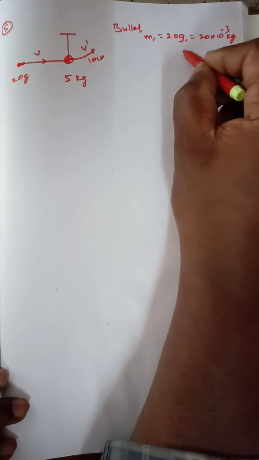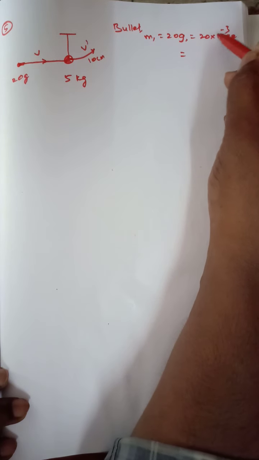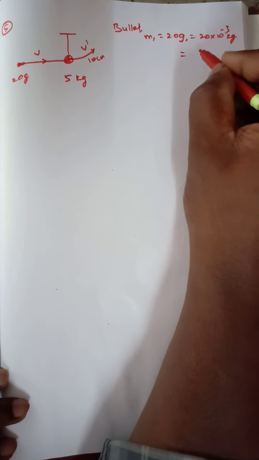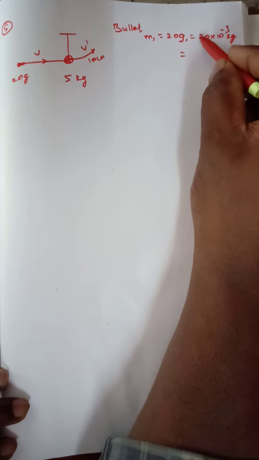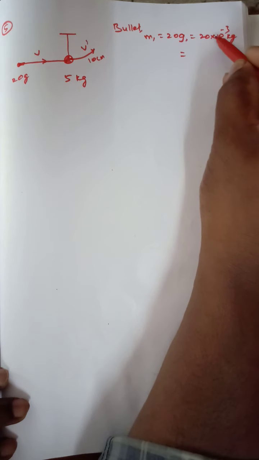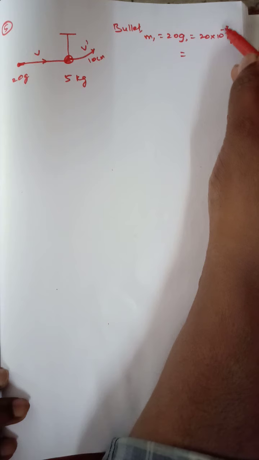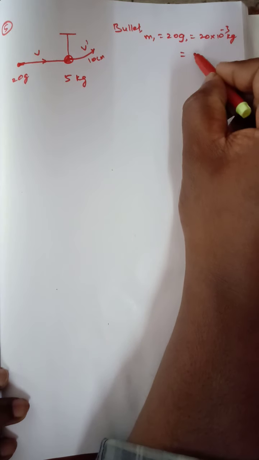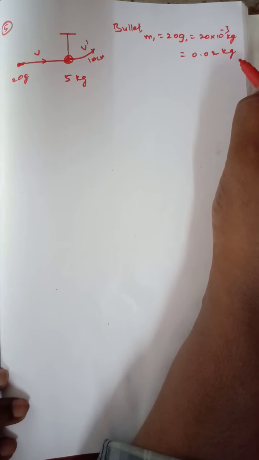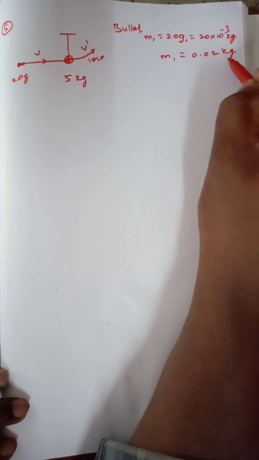So 2 means 10 to minus 2, 0.2 means 10 to minus 1, then 0.02. Clear? So 0.02 kilogram is the mass of the bullet in kilogram.